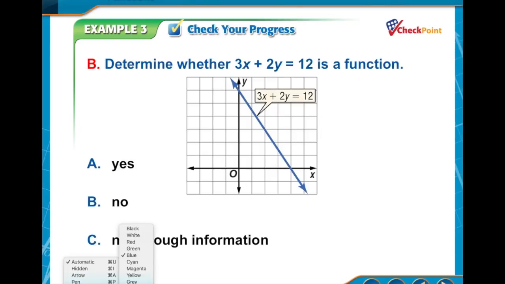We can definitely tell one way or another whether this will be a function. If I take that vertical line across, I don't see any point where it would ever hit more than once. So to me, this absolutely has to be a function. So let's double check that. And we see that, of course, yes, this is a function. It passes the vertical line test.